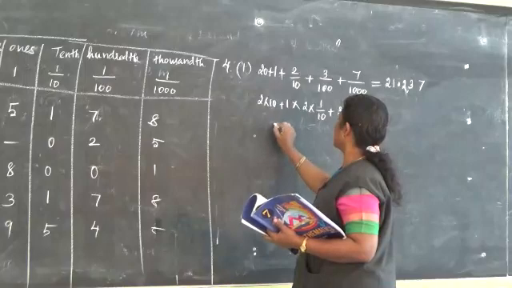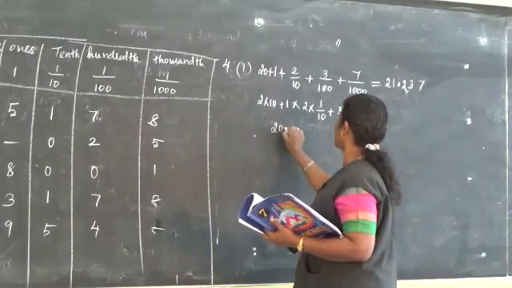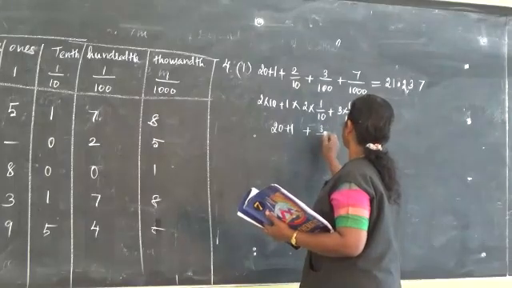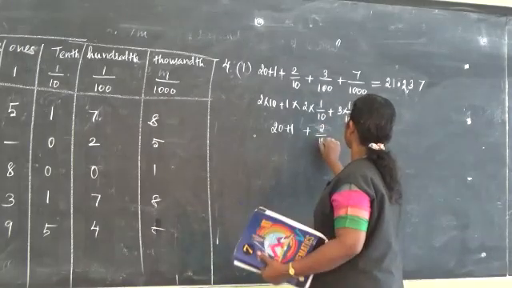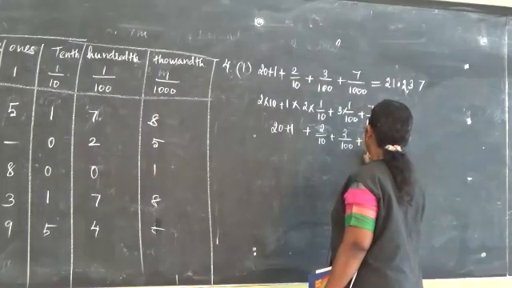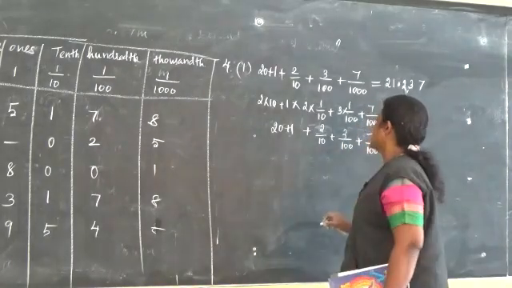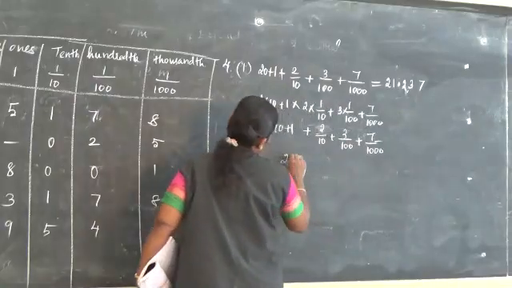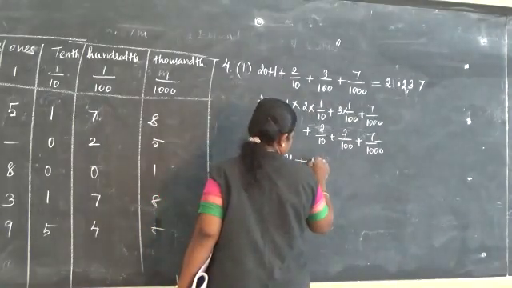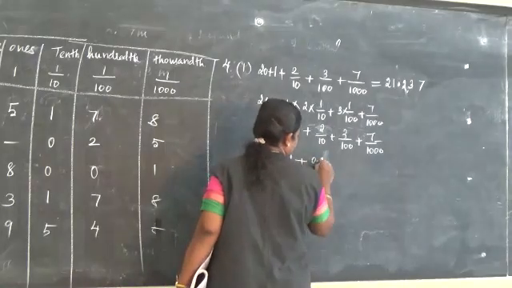So this one: 20 plus 1, 21. Here 2 by 10 plus 3 by 100 plus 7 by 1000. So 20 plus 1, no problem for you, 21. 2 by 10 is 0.2.